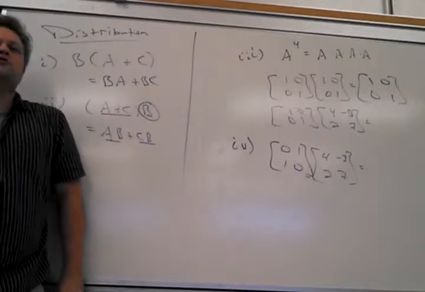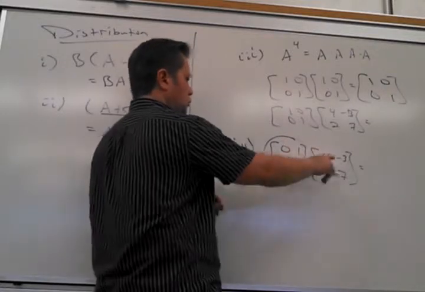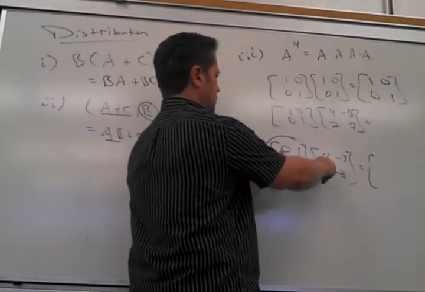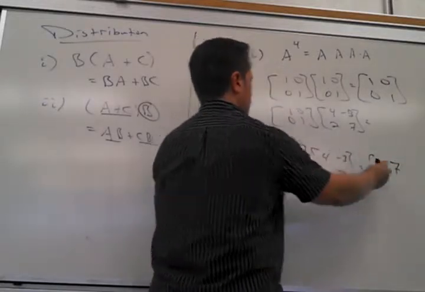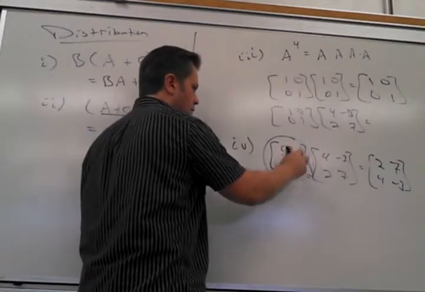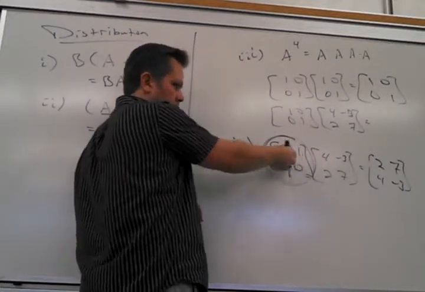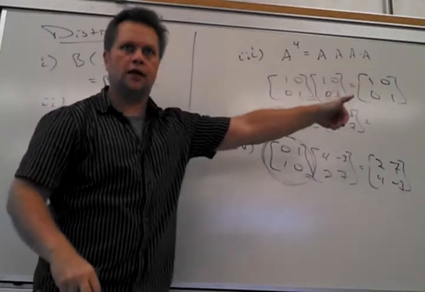Yeah, it flips it. It's crazy. As you're multiplying this, you start to realize what this will do. It's 2, 7, and then it's 4, negative 3. So just flip it. This matrix by itself flipped its rows from the identity. So when I apply it to the other matrix, it's going to do that same thing.